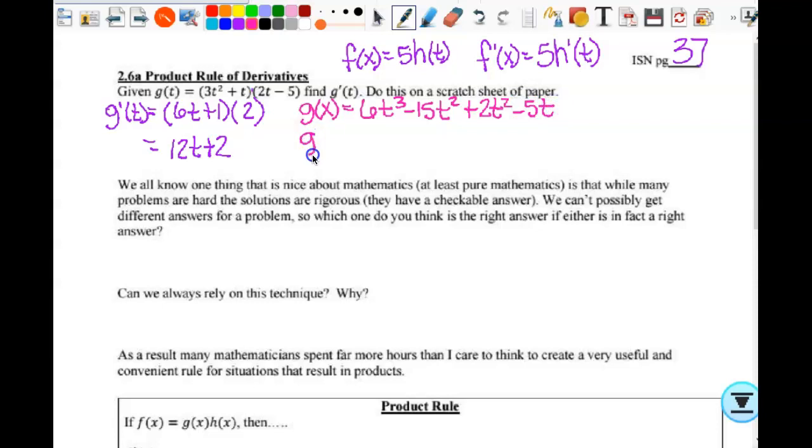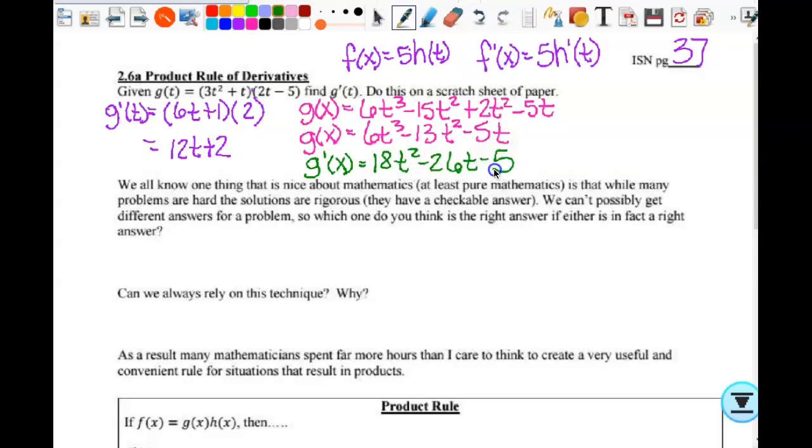Right, and then that means g of x, I'm still with g of x, is equal to 6t cubed minus 13t squared minus 5t, right? So if you multiplied it out, that's what you got, for g, rather. And then from here, you took the derivative, right? So then g prime of x would give you 18t squared minus 26t minus 5.